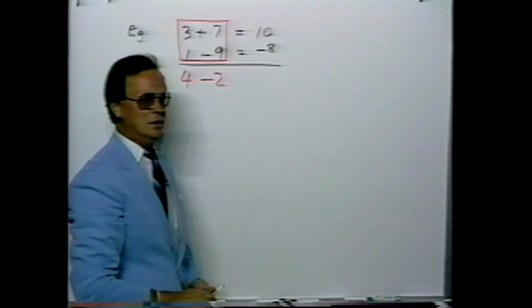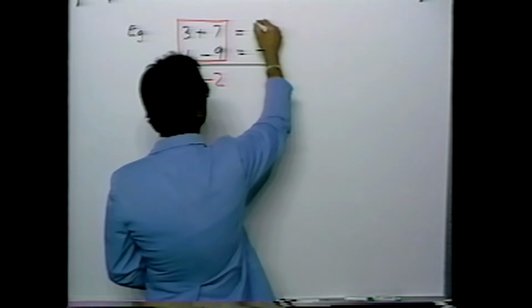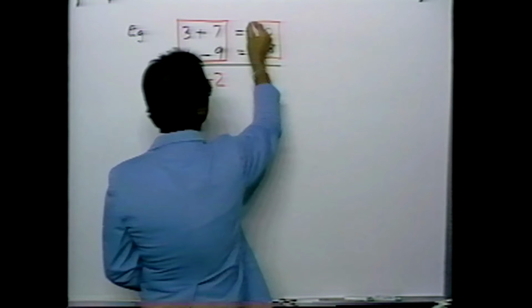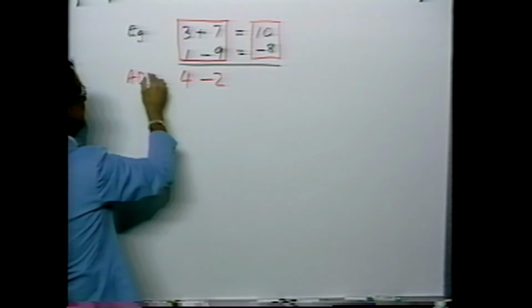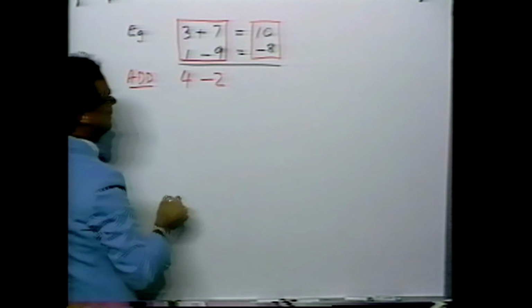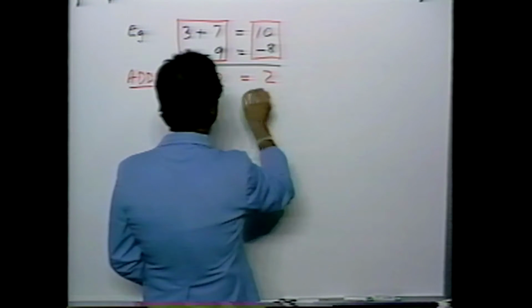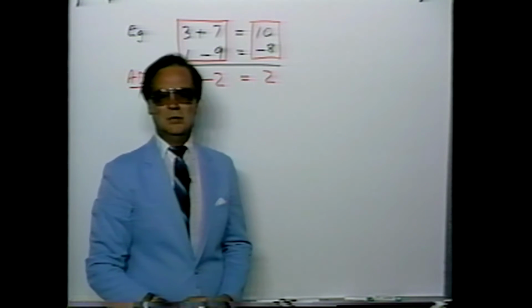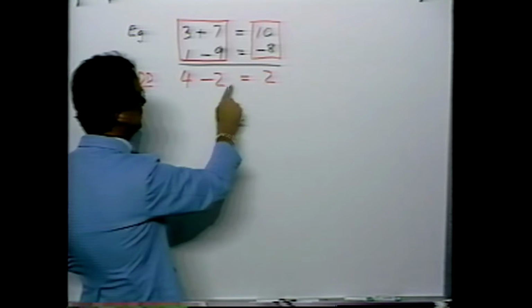That's the result on the left-hand side. On the right-hand side, adding vertically, I should mention here what I'm doing, that the right-hand side is equal to 2. If you read that statement, you can see that it is also a true statement. In other words, 4 minus 2 is equal to 2.